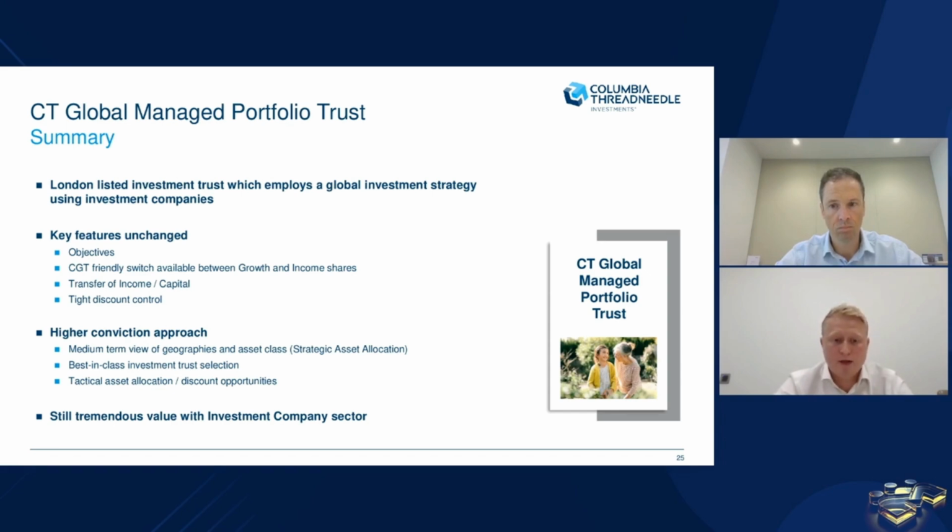But it still is a lot of shoe leather work. We still meet with managers all the time. We prefer to meet face to face, so there's a lot of work still going into it. But it really is that higher conviction approach that is why we think the trust can deliver performance going forward.